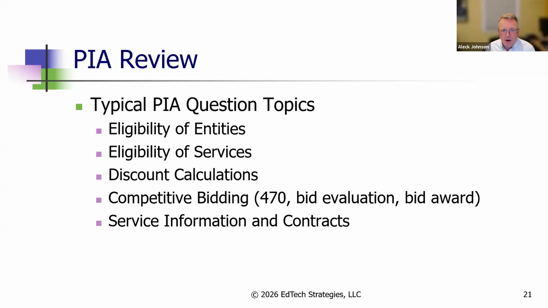The third topic area where you will typically receive questions has to do with discount calculations. For libraries, as you know, your discount actually comes from the school districts that serve the location where your main library is located.